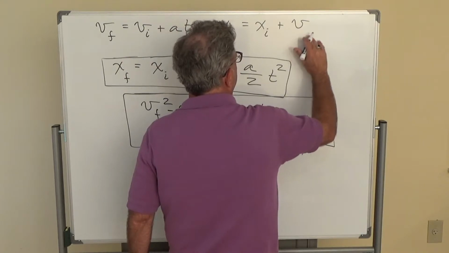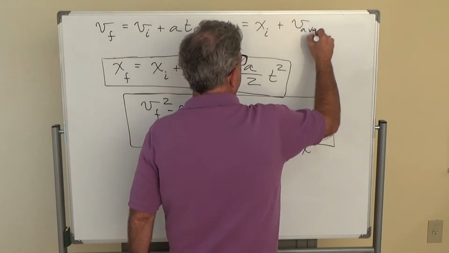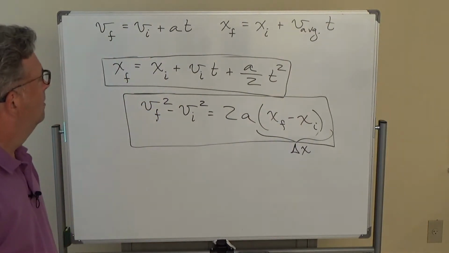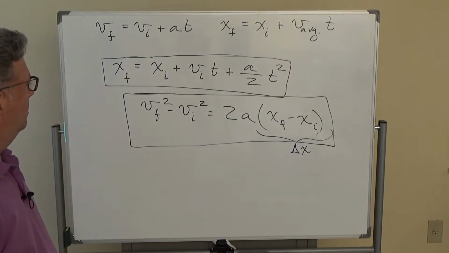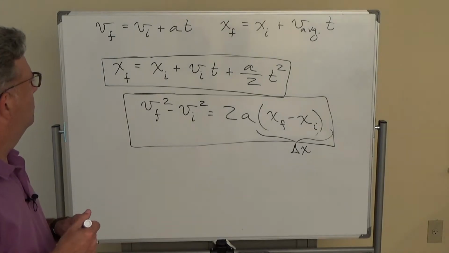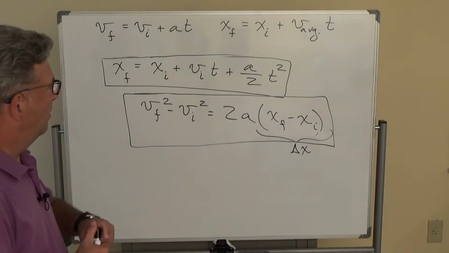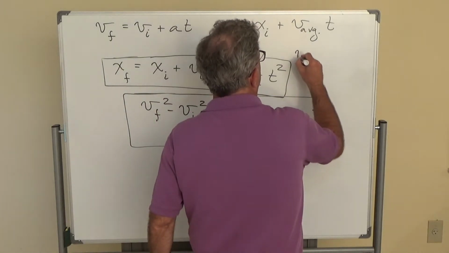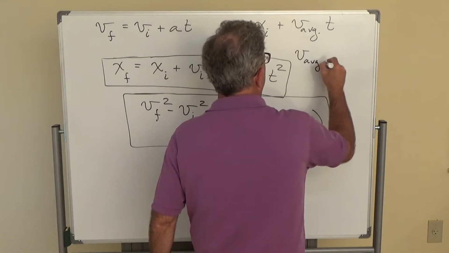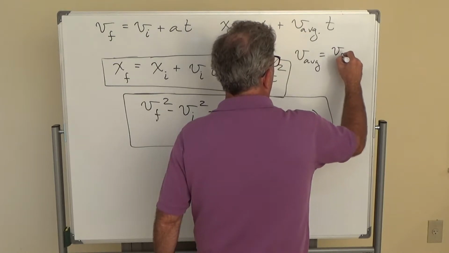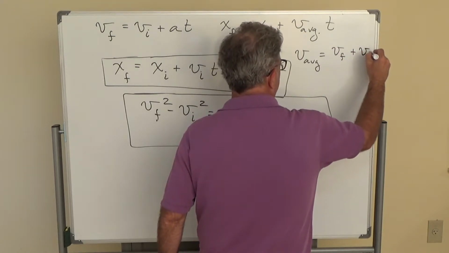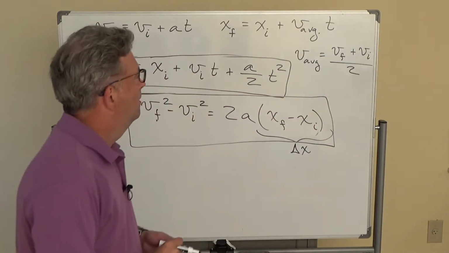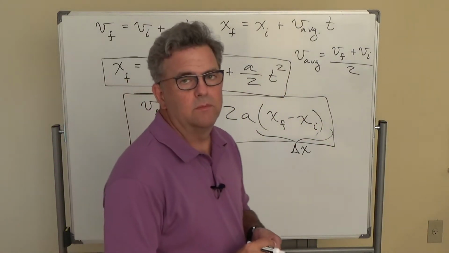Let me write it like this. v average t. Okay. What else do we need? I think that's it. Well, also remember that v average is equal to v final plus v initial divided by 2. Okay. All right.